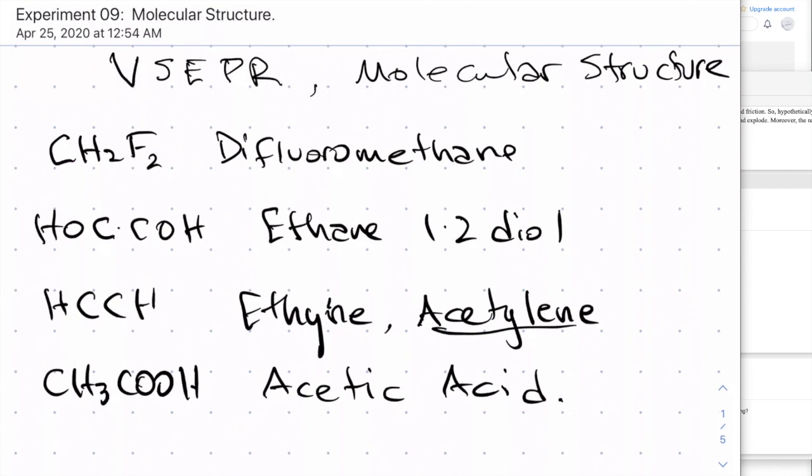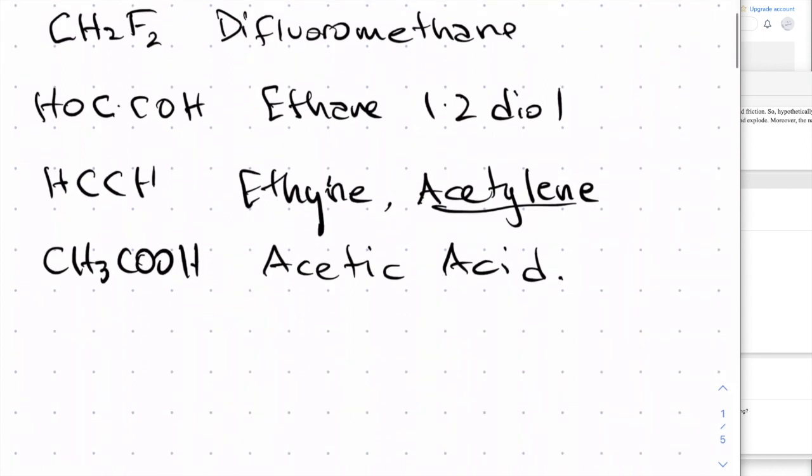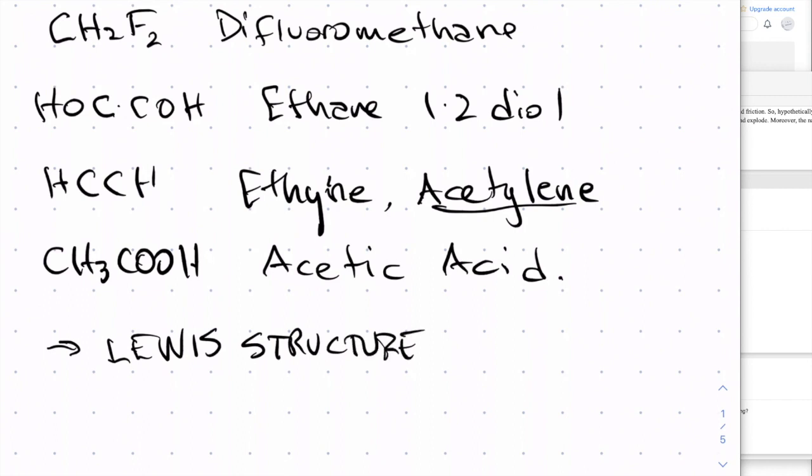In this particular tutorial, we'll first determine the Lewis structure. From the Lewis structure, we'll get the electronic and the geometric designation.